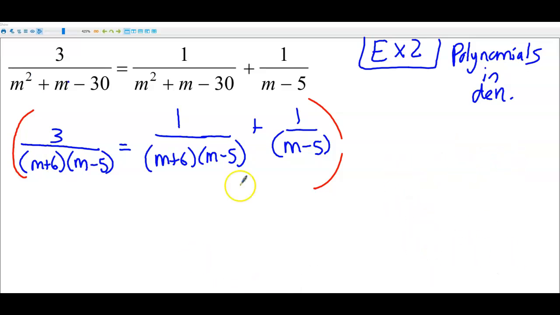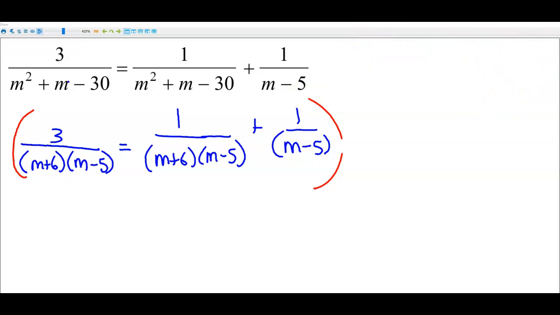All right, so we're going to multiply to cancel out those denominators. I want to cancel out 2 denominators there. I want to cancel out the m plus 6 and the m minus 5.